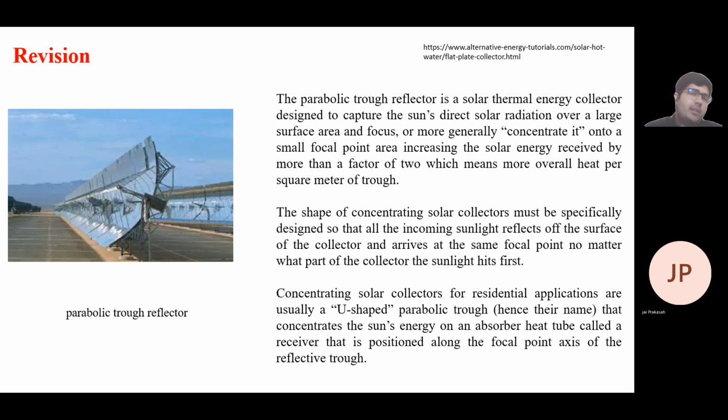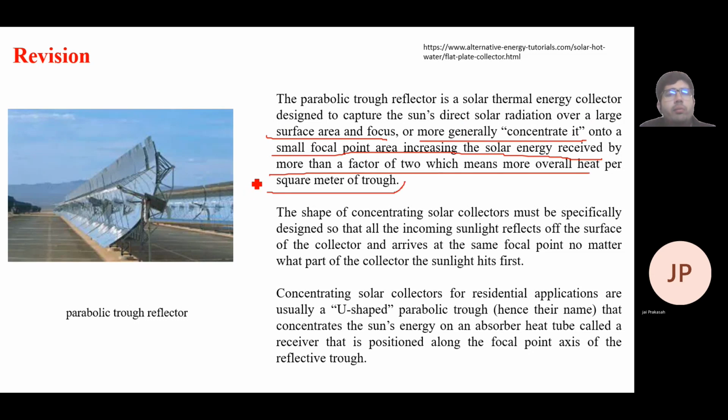In the solar disk collector, the surface area was small, but in this case, the parabolic trough reflector, we are having a large surface area and focus, or more generally, concentrated onto a small focal point area, increasing solar energy received by more than a factor of 2, which means overall heat per square meter of trough.